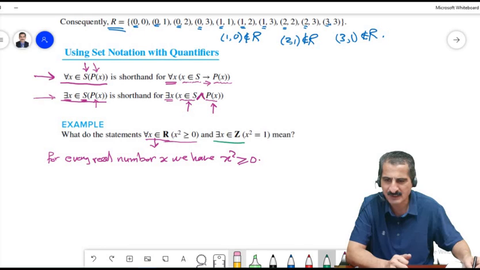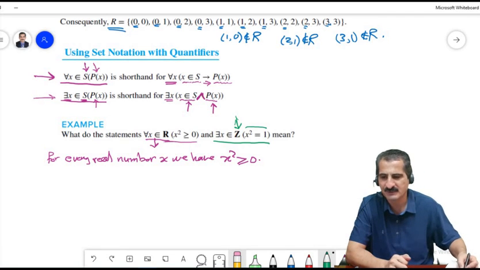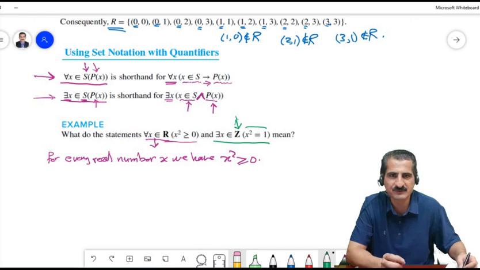And this says there exists an integer, there exists an element from Z such that this happens. And this is true, right? Because 1 squared is 1.